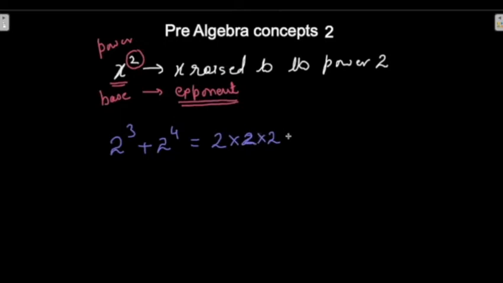And this adds to the number which is 2 multiplied by itself 4 times. Now, 2 multiplied by itself is 2, 4, 8, and then 2, 4, 8, 16, and the answer is 24.